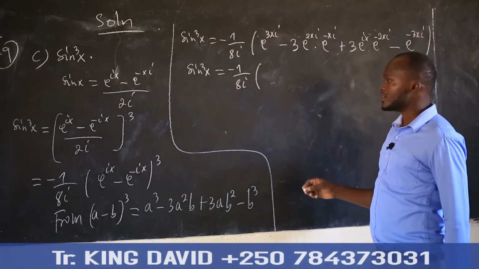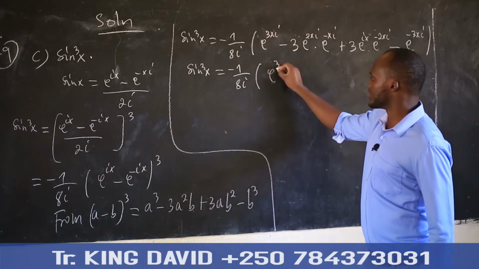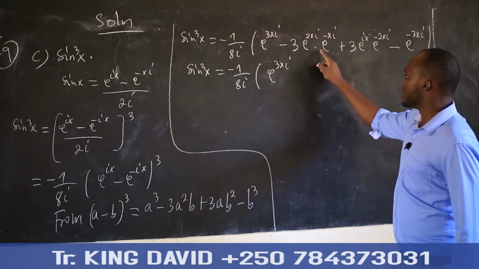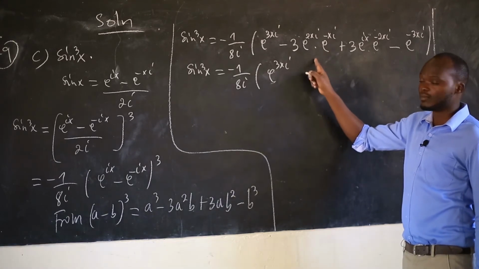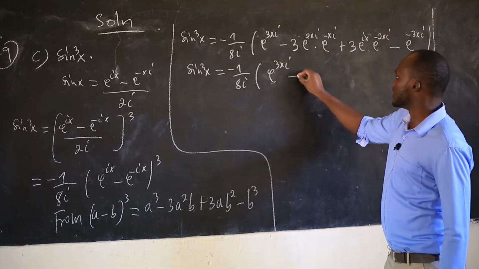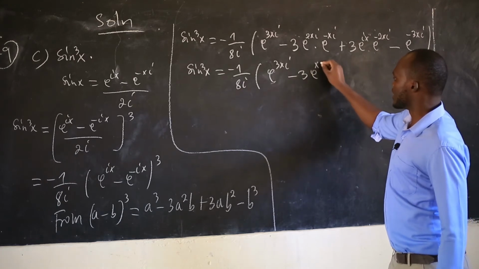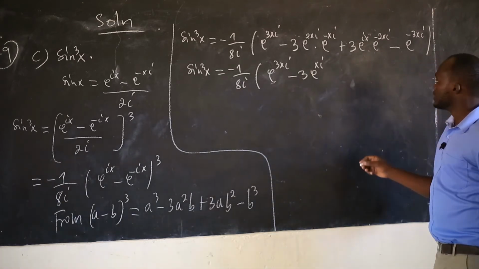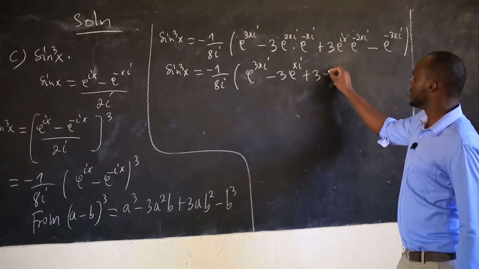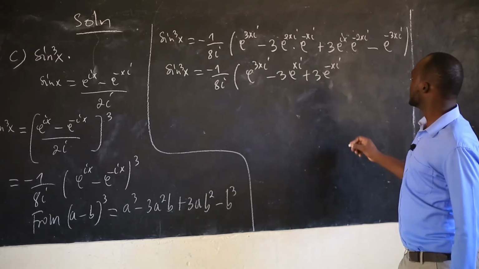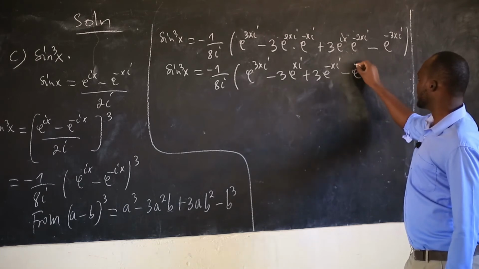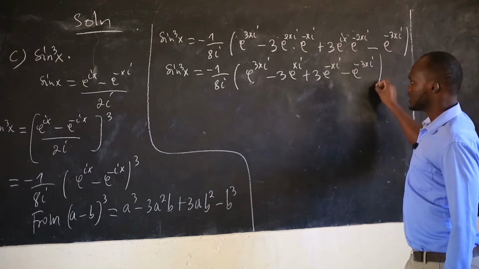Then we have e power 3xi. We add powers because we are multiplying exponentials which have the same base. That is minus 3 e power xi. Then plus 3 e power negative xi minus e power negative 3xi.